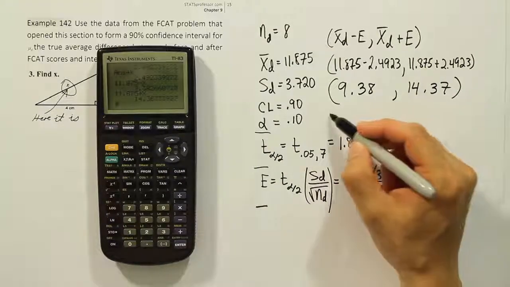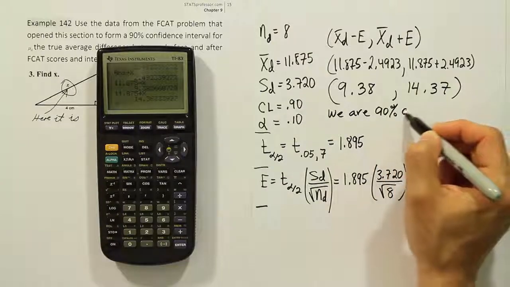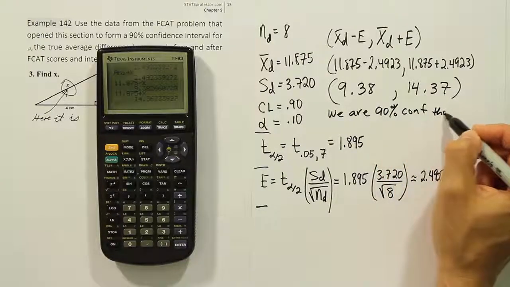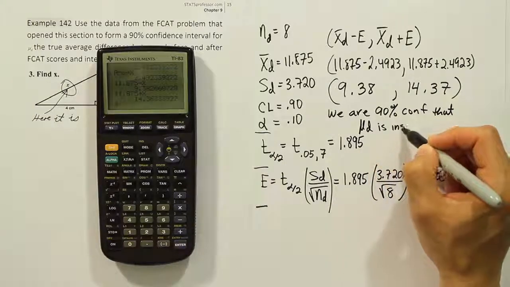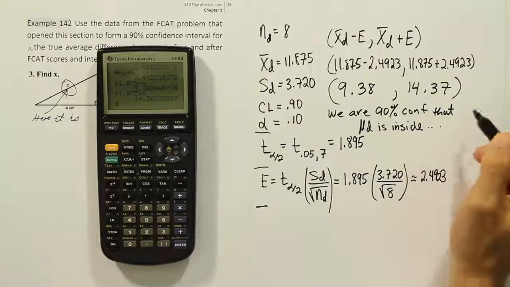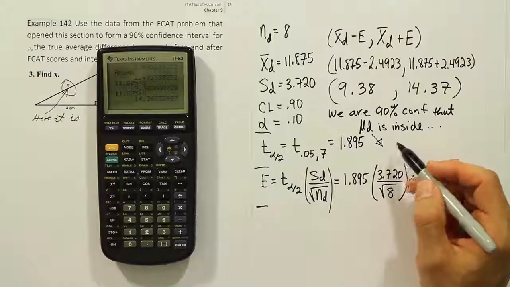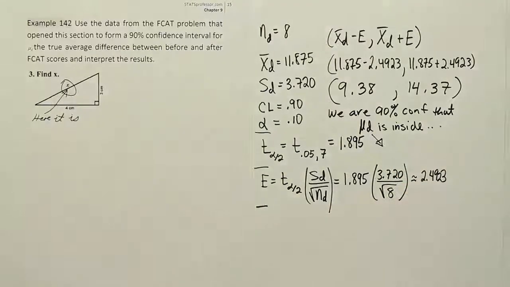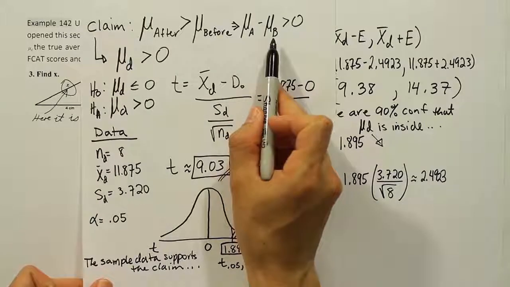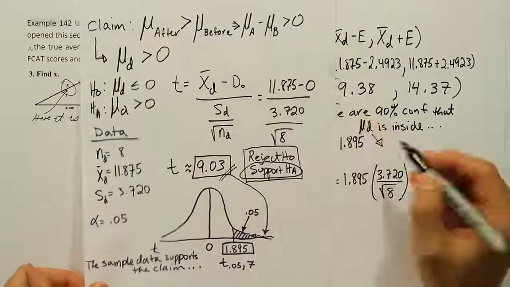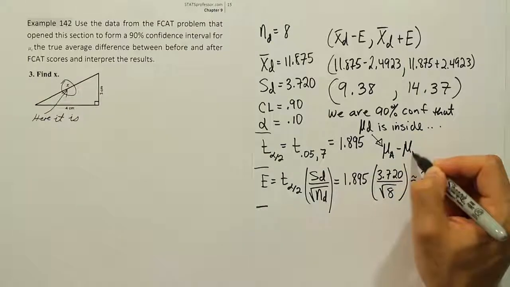All right, now remember what this is, right? This is a confidence interval, so we're going to say we are 90% confident that the mean difference is inside the interval. Remember what that mean difference was for our problem, if you look back at what we did when we did that FCAT problem, that difference was after minus before. So we're going to say mu after minus mu before.